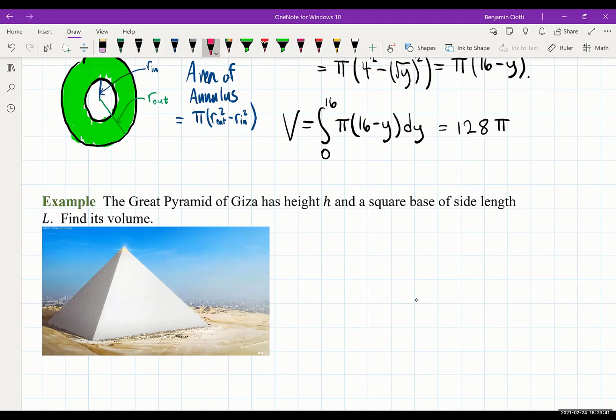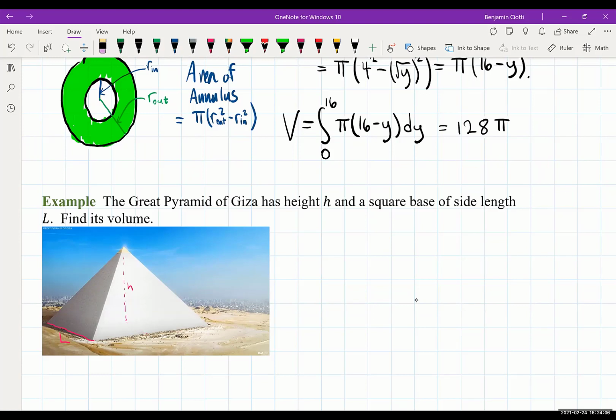We're supposing that the base has side length L, and that the height is h. So height is the vertical distance from the peak to the ground.